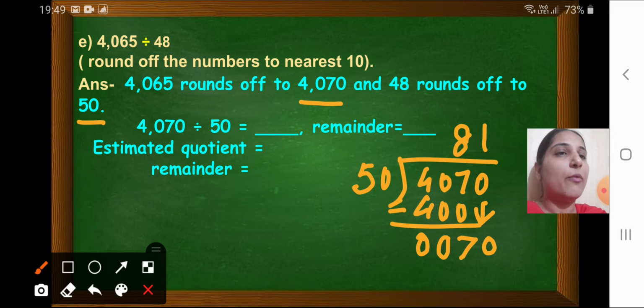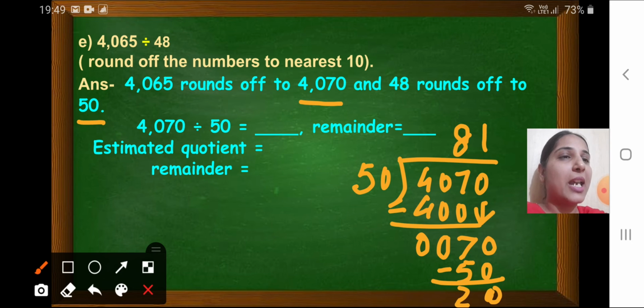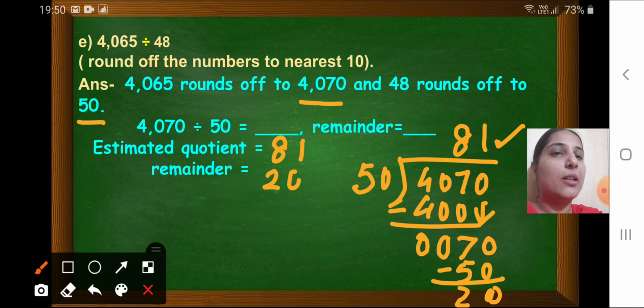Now 50 ones are 50. So now we'll subtract. So what will we get? 20. So in this case, children, what is the estimated quotient? Estimated quotient is 81, whereas in this case, when we are estimating, the remainder is 20.